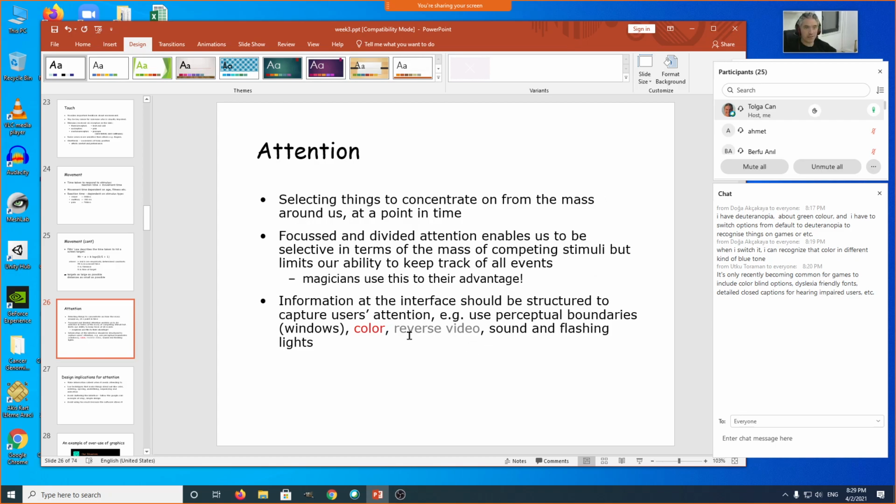If you want the user to look at certain parts of the interface, you have to do something different in that part. But do not expect the user to pay attention to all parts of your interface. If a certain part needs more attention, you have to have some actions on the interface. This is basically what it's telling us.